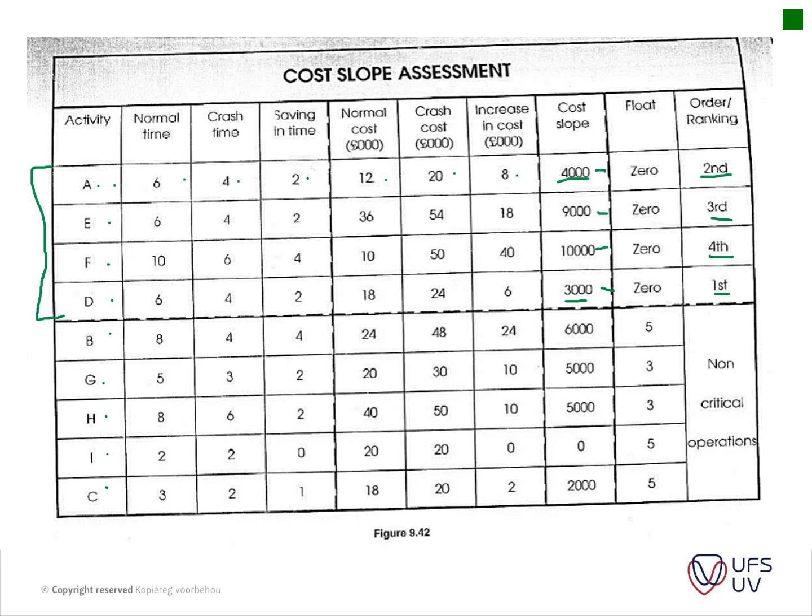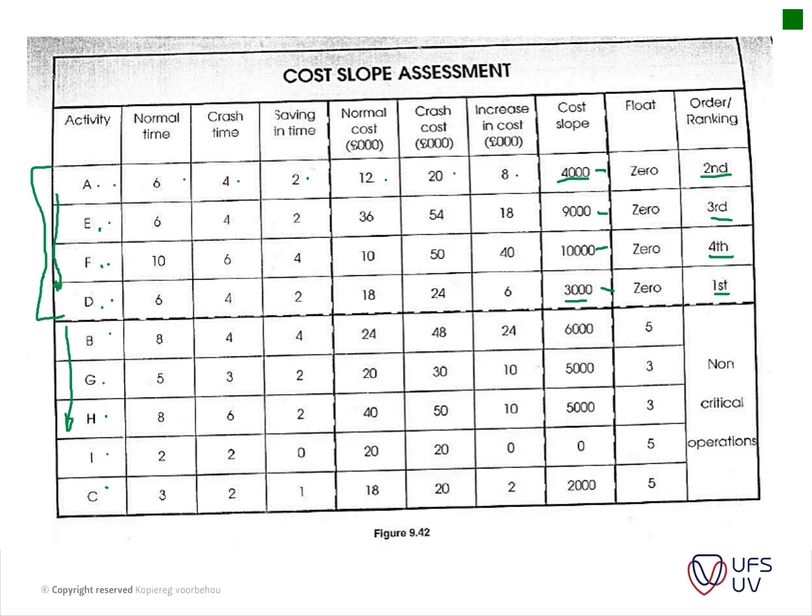I don't know why they ranked it like this particularly, but basically they just worked according to your diagram 9.41, they just drew in the critical path. So this is the critical path that they just drew in going on here.